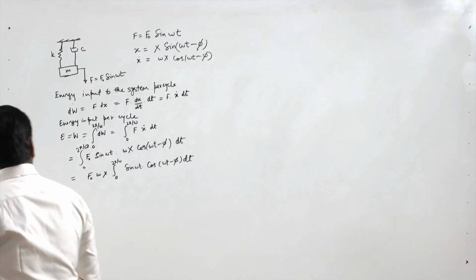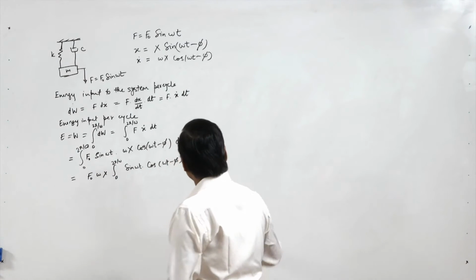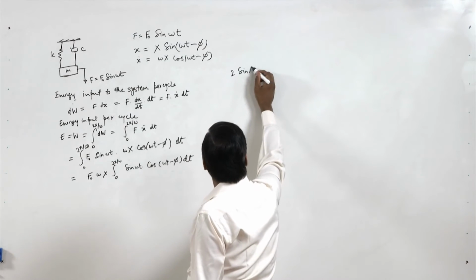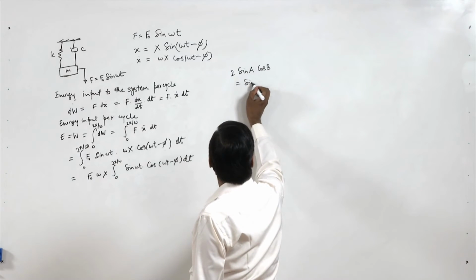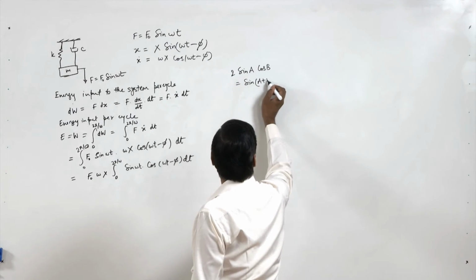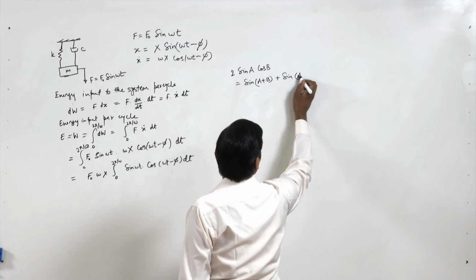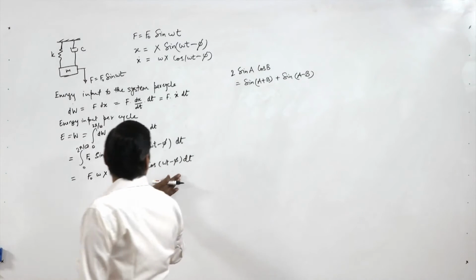So now we have to solve this integral, and we know this formula that 2 sin a cos b equal to sin(a plus b) plus sin(a minus b). So this is the formula that we can apply here.